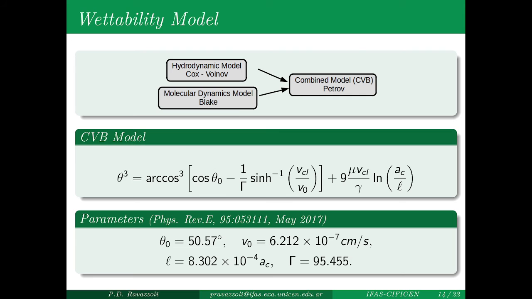The result of this is the Cox-Boinov plus Blake model, first proposed by Petrov. This model gives us the following relation between the contact angle theta and the velocity of the contact line.